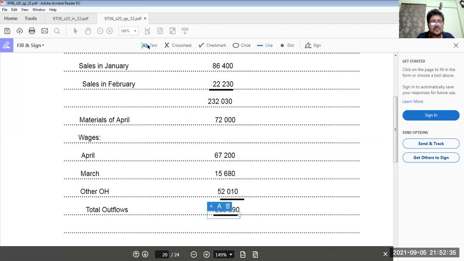Ending cash balance. How much? 232,030. 25,140. Ending cash balance of March.